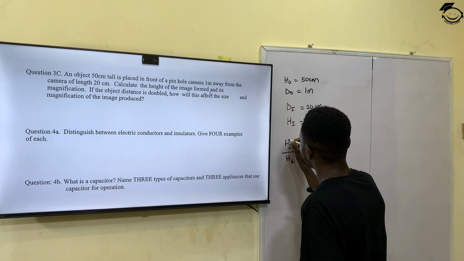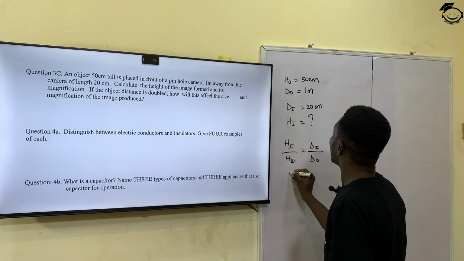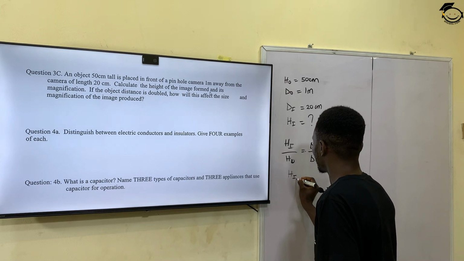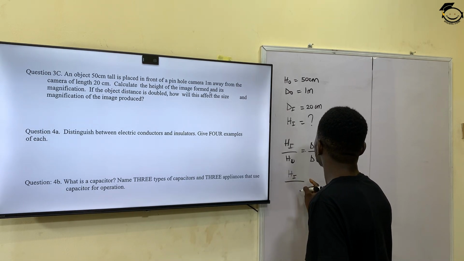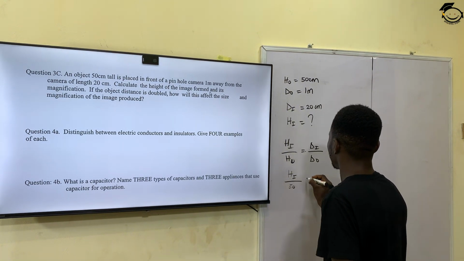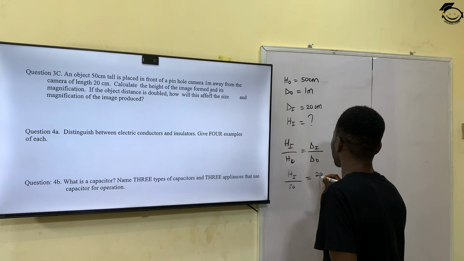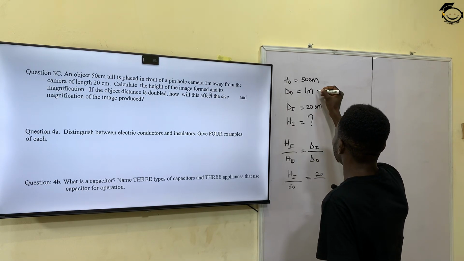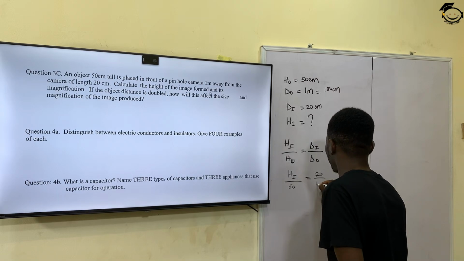So this means that my image height, which is unknown, over my object height, which is 50 centimeters, is equal to my image distance, 20 centimeters, over my object distance, 1 meter, which is 100 centimeters. So I have 20 over 100.